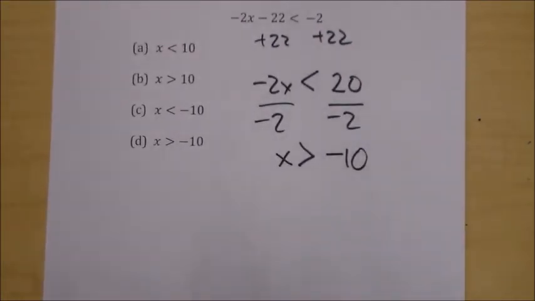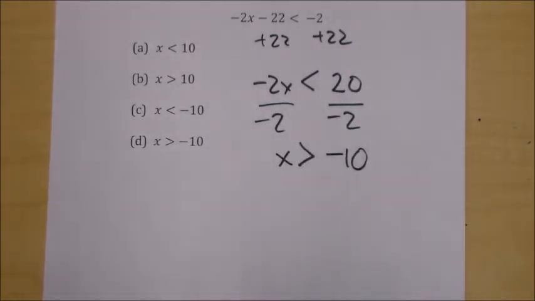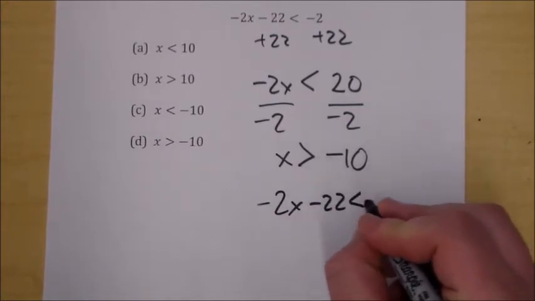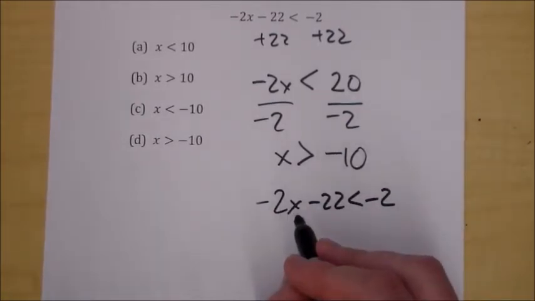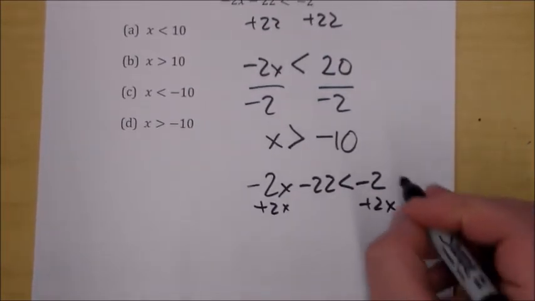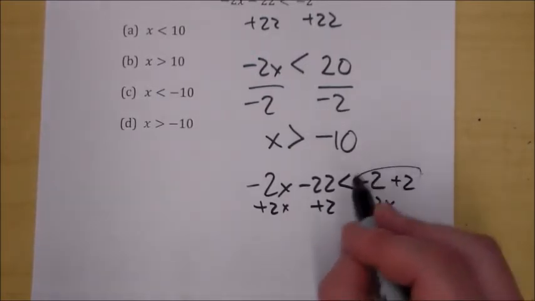Also, if you get scared about flipping signs around by multiplying by a negative, you could do the whole thing a different way. You could say, I don't like having a negative 2x here, so I'm going to add 2x to either side, and then I'm going to add 2 to either side as well. So negative 2 plus 2 cancels out.